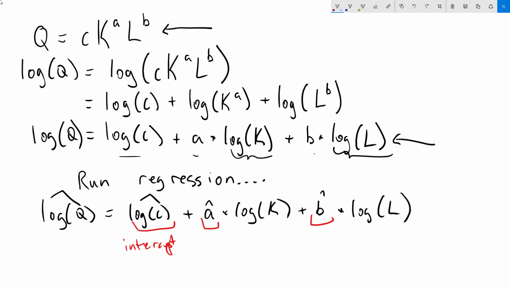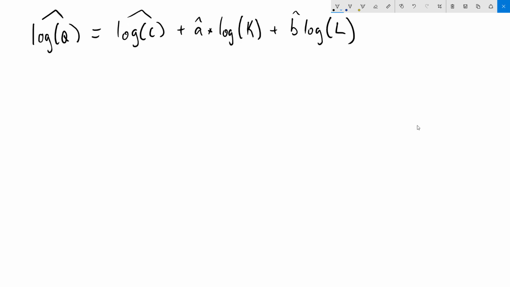But once we've done this, we are not quite done. We need to put this back into the original production function, because this is not the production function down here, this is our regression. We're now going to need to undo the logs to get back to our original Cobb-Douglas function. Remember, to undo a log, we're simply going to take the exponential of both sides.